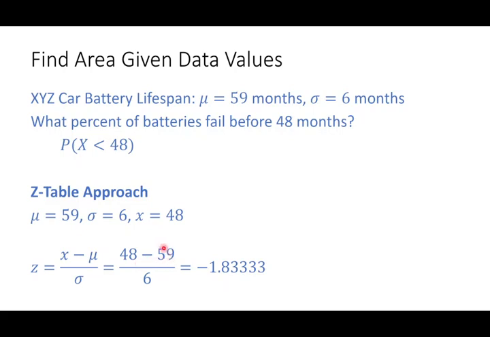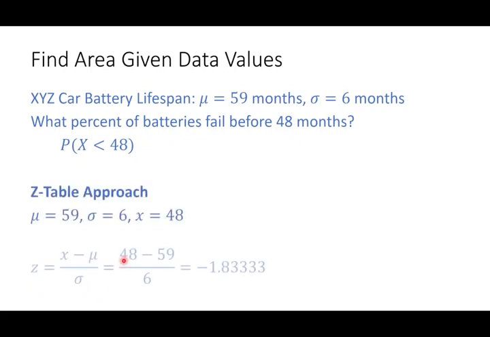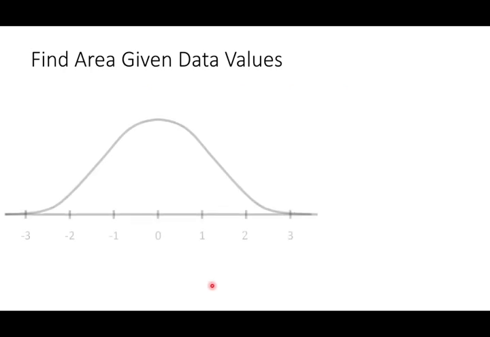And how many z-scores is this value that we're interested in? Well, we plug it into the z-score formula, we calculate, and we get negative 1.833. So almost 2 standard deviations below.